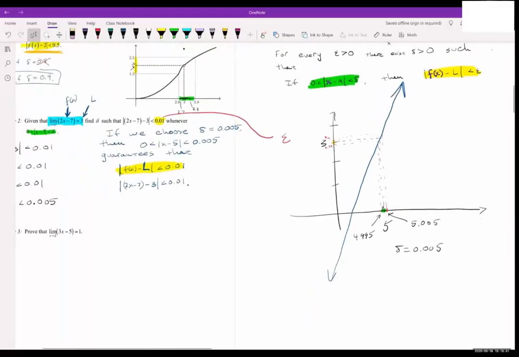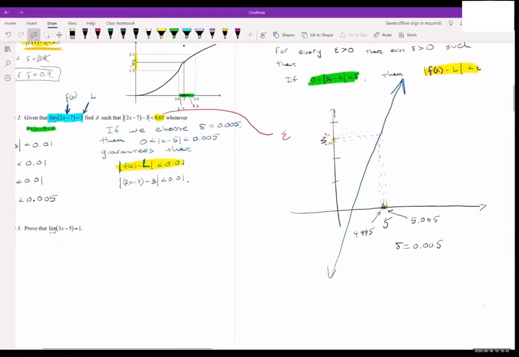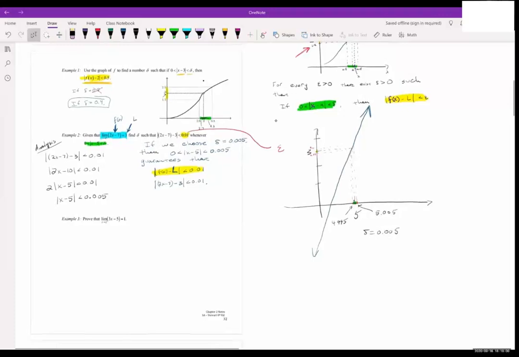Okay, it's tricky stuff. Good questions. Yes, epsilon is always dealing with a little neighborhood around the limit, which is a y value, and delta is always for the x. That is correct, Hansel.